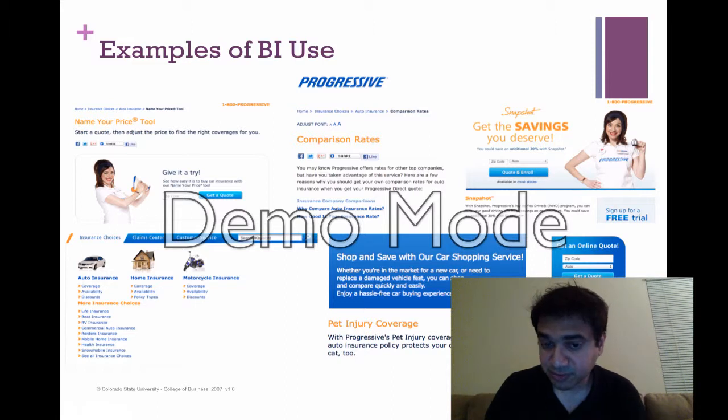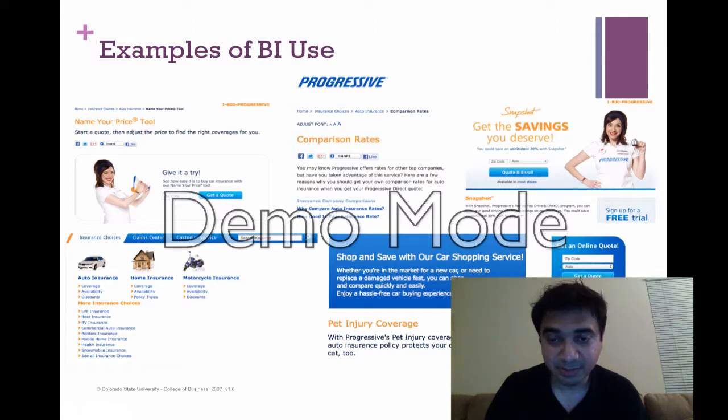Another example of complementary service is pet injury coverage. So if you look at it, typically you have your spouses and family members and human beings covered as a part of your auto insurance package. But Progressive has gone one step further. It realizes that in today's day and age, pets have a very special place in people's lives.